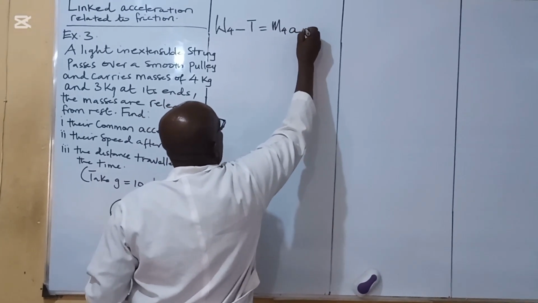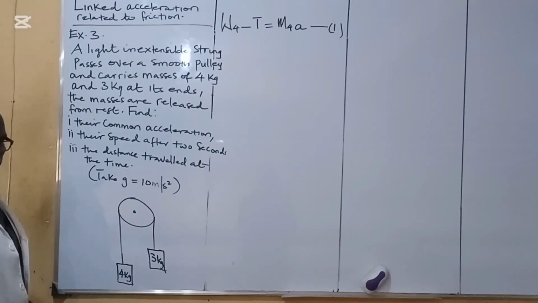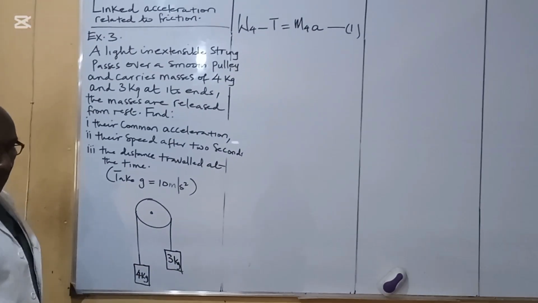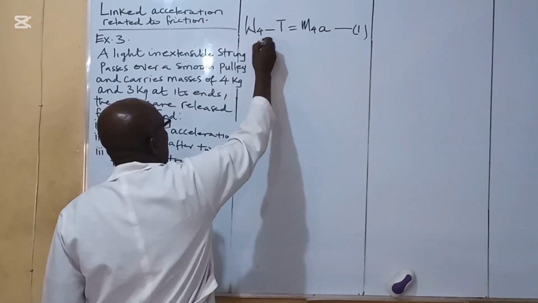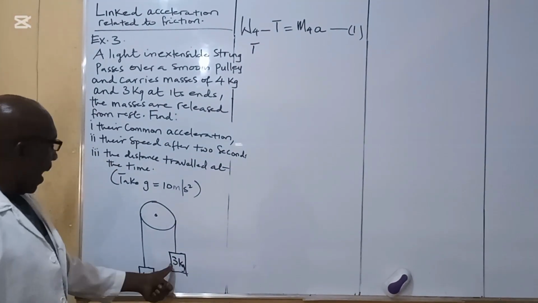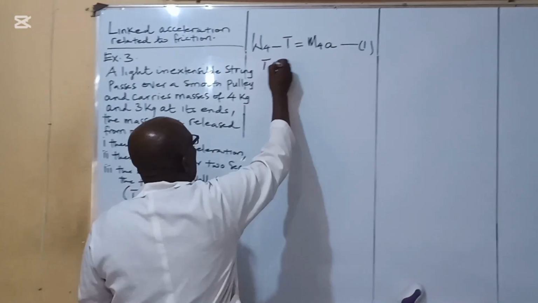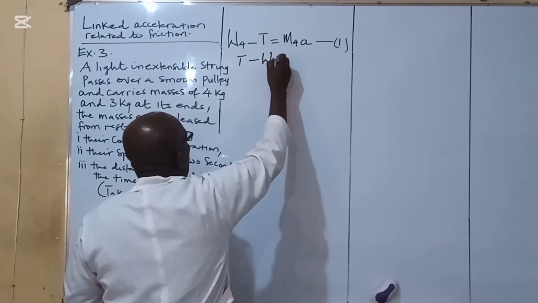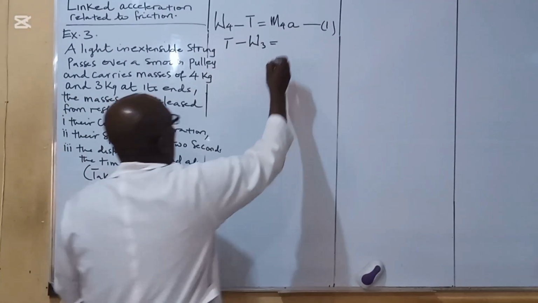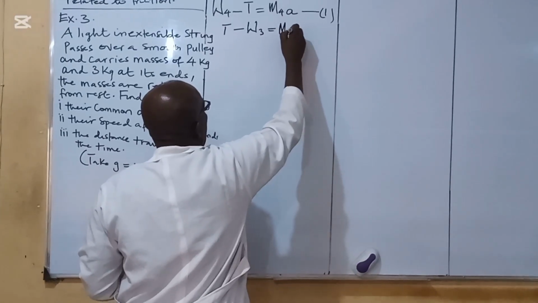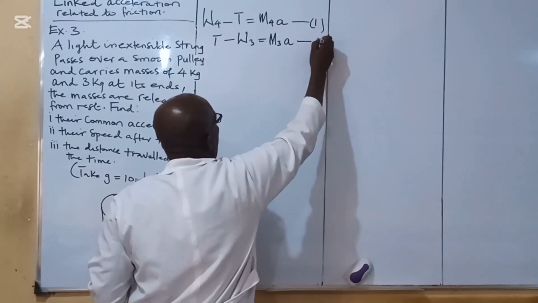Let me call this equation number 1. Now let's look at the 3 kilogram mass. I will have T, which is the tension, minus the weight of this 3 kilograms, W3, is equal to the mass of this 3 kilograms, M3, times the acceleration. Let's call this equation number 2.